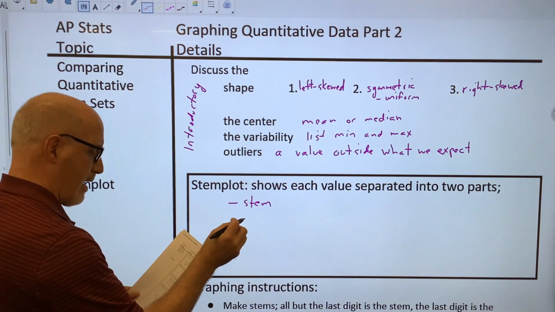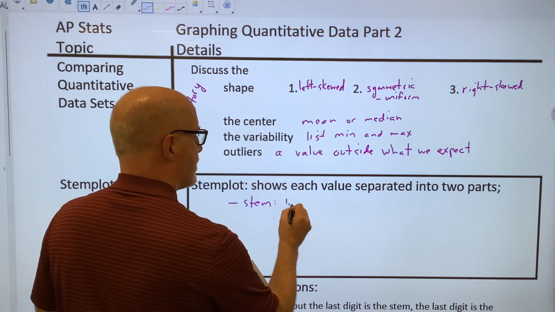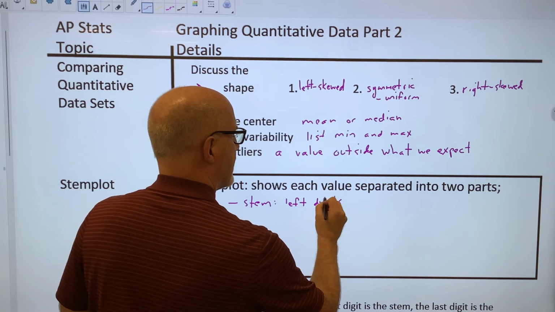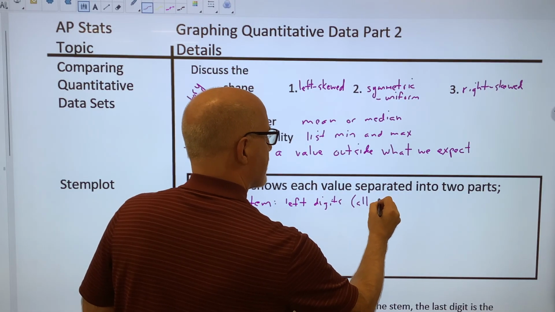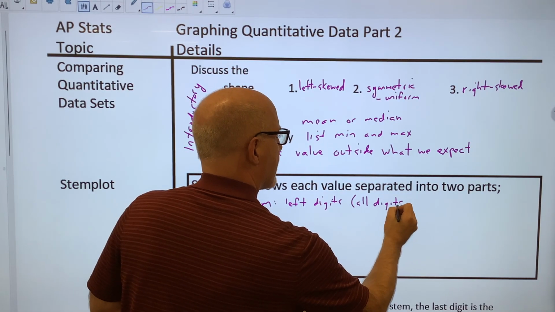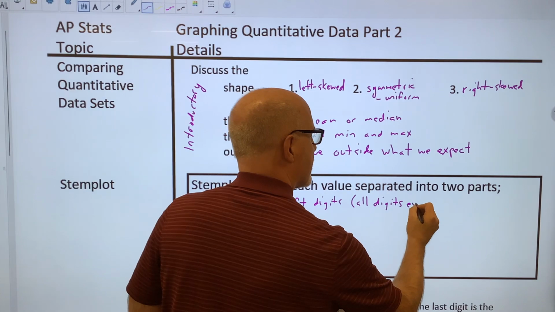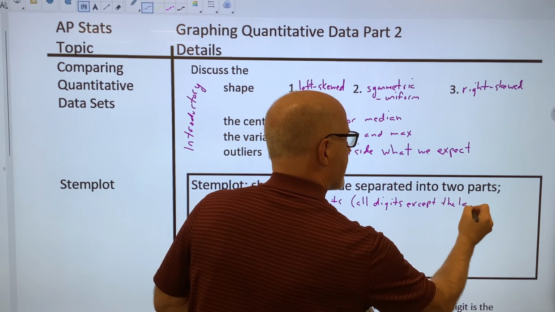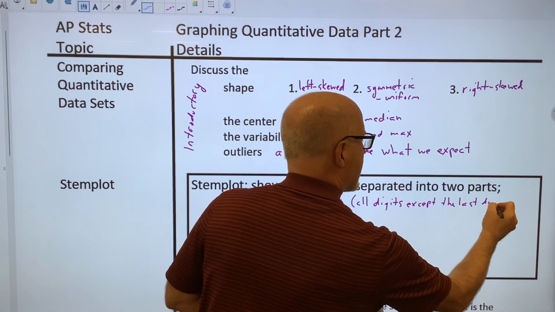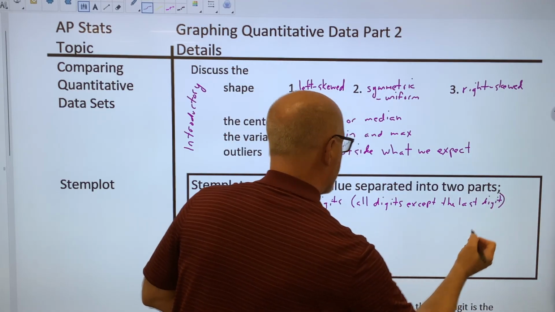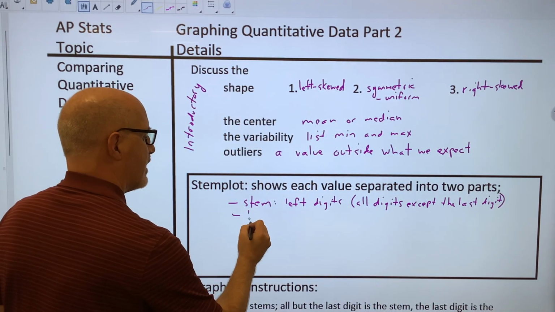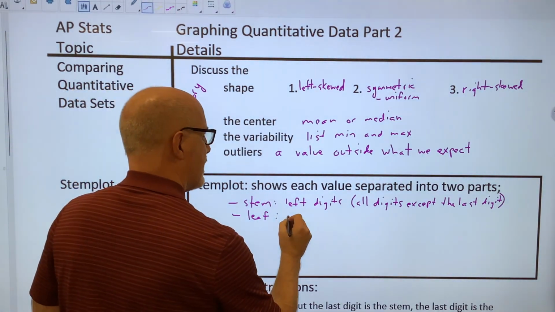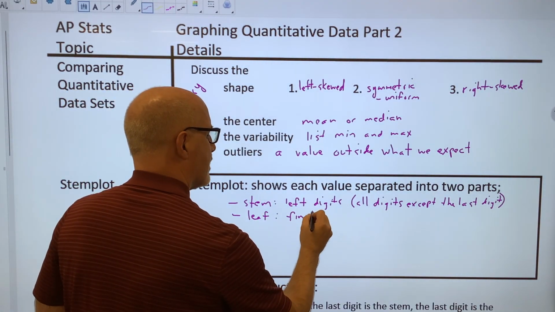The stem of the graph is the left digits in a number. In essence, it's all digits except the last one. That's because that last digit will list as what's called the leaf. So it is the final digit.